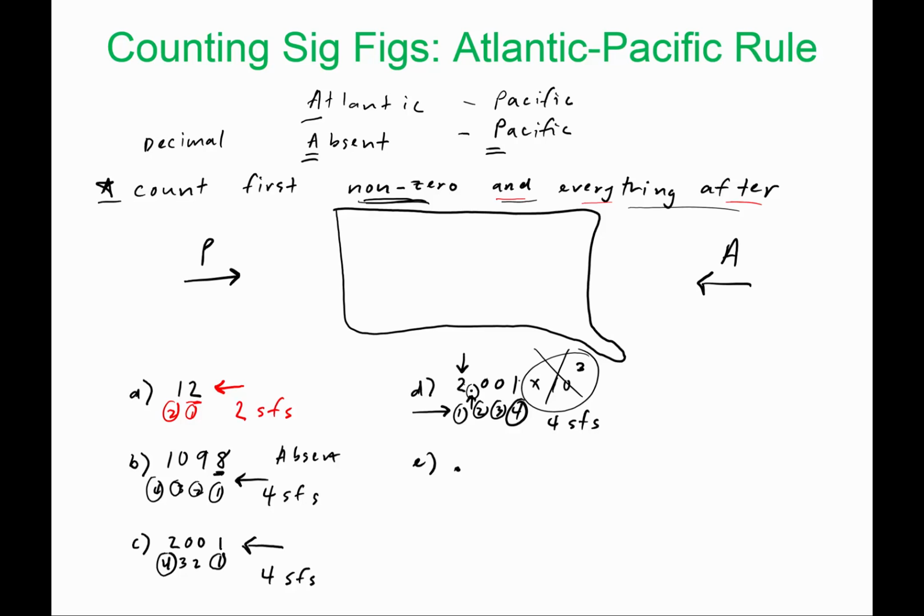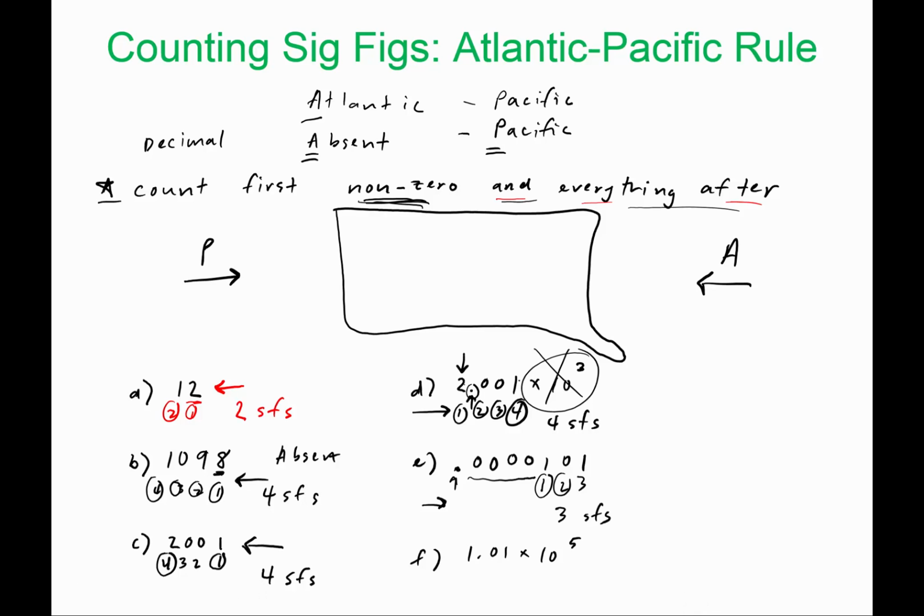Let's try another number. Let's change it up a little, add some zeros. Okay, decimal point is present, so we count from this side, and you count the first non-zero. All these are zeros, so they don't count. This is the first number that counts, 1, and then everything after 1, 2, 3. This has 3 sig figs. Let's try some more examples.